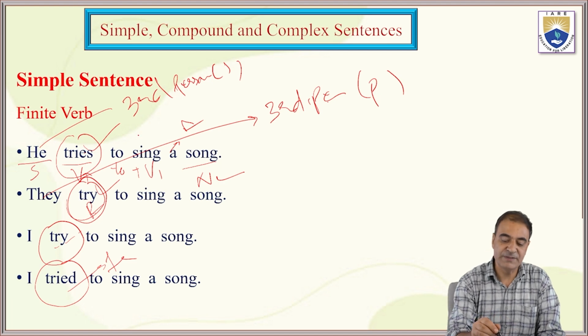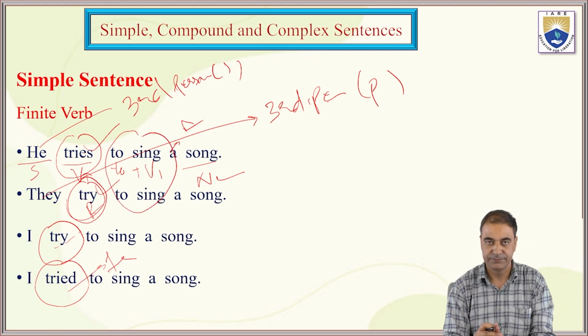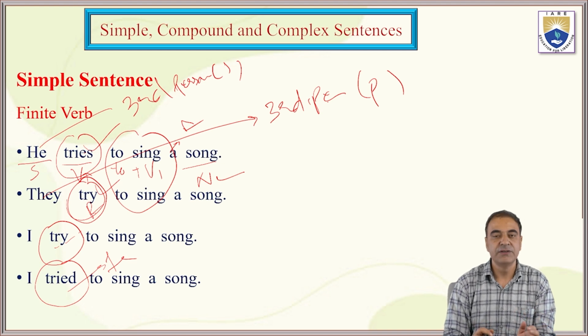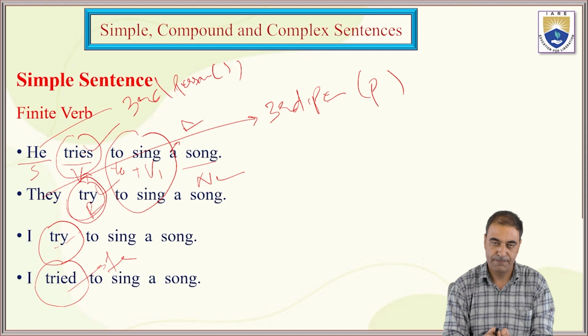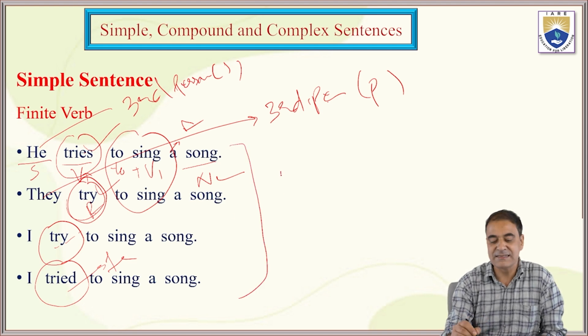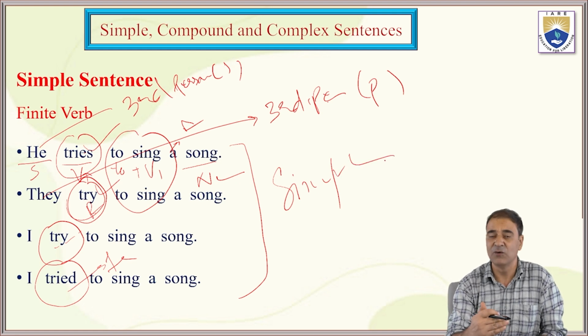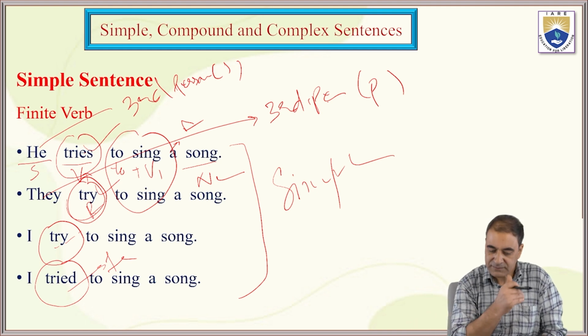And there's one more verb, to sing, it remained unchanged when we changed the number of the subject. Both these sentences are simple sentences because they carry only one finite verb. Yes, of course, there's one more verb, to sing, but that's a non-finite verb. We have nothing to do with that.